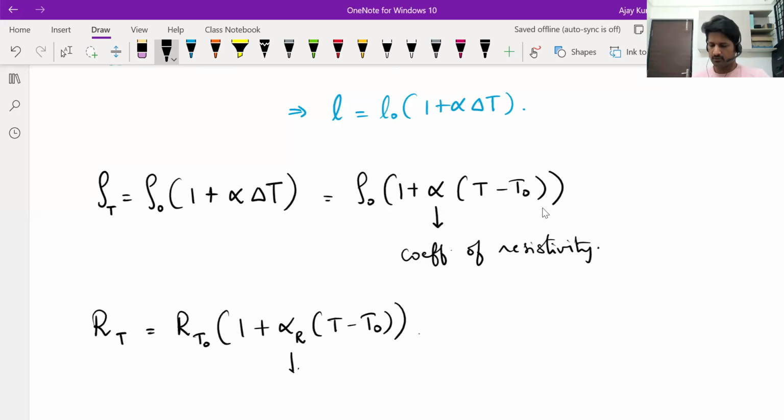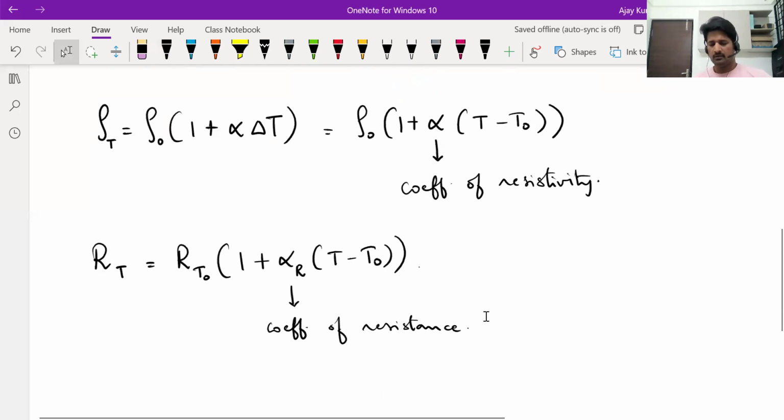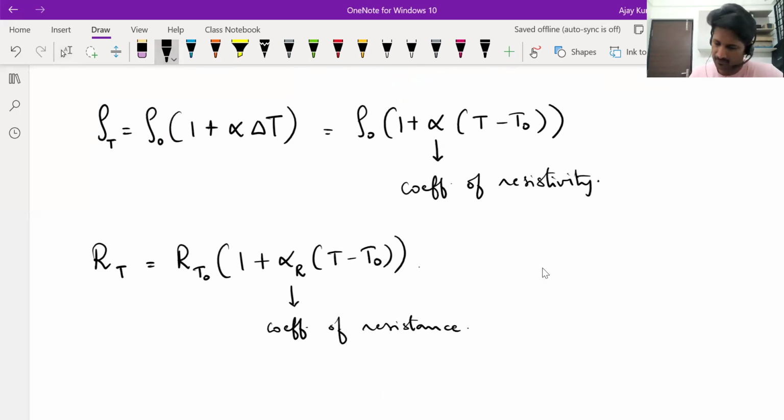Alpha R is called the thermal coefficient of resistance. So if you know the resistance at one temperature T naught, you can calculate the resistance at some other temperature T using this equation. You need to know the alpha value.